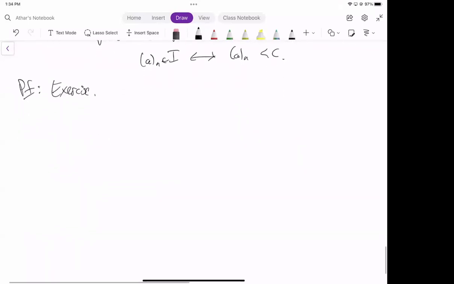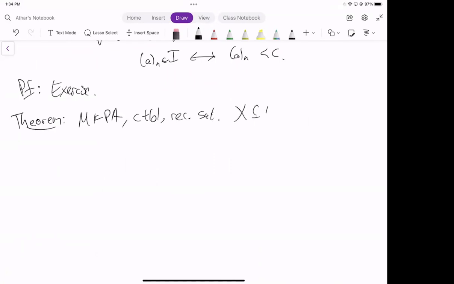Okay. So here's the result that I actually want to talk about. M is going to be a model of PA, countable, recursively saturated, and X is going to be a subset of M. The following are equivalent.